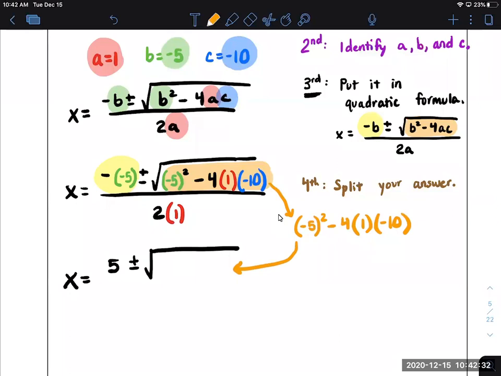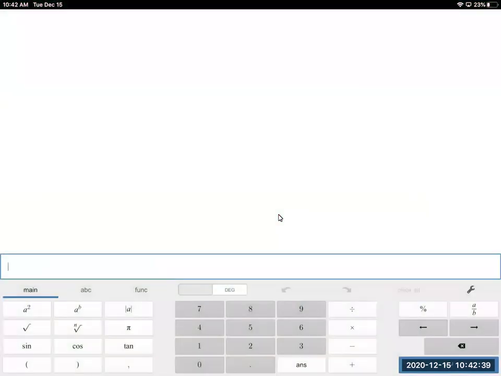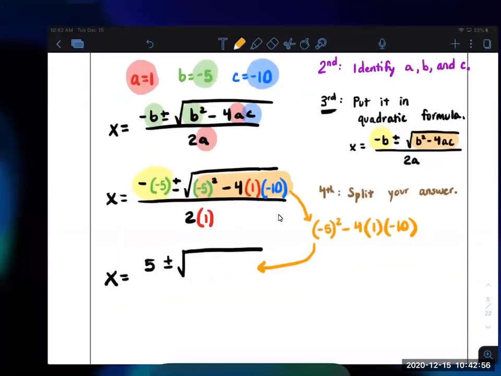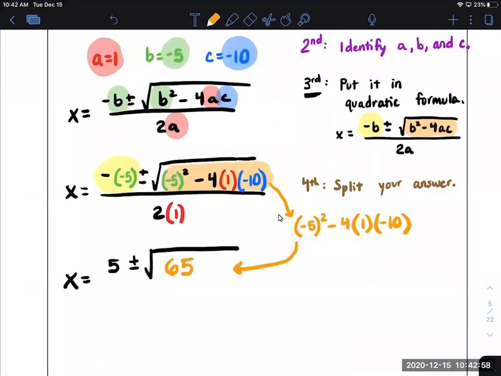So if you want an example of what that looks like, go into Desmos, we have parentheses negative 5 squared on the outside of the parentheses minus 4 times 1 times negative 10. Right? And we get 65. So I take that 65 and I go back underneath that square root.